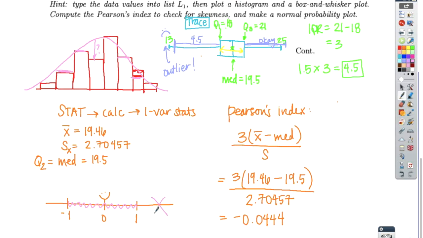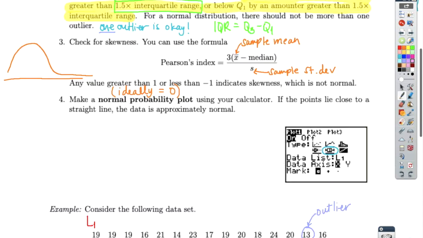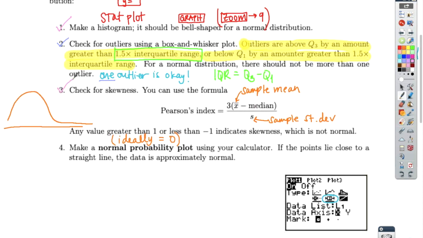Now, out here, anything greater than 1 and anything less than -1, that means that our data set does not have a normal distribution. But as long as we're somewhere in this little neighborhood of 0, this is okay. And this certainly is. So that tells us that we have passed test number 3. And that leaves only one more test.